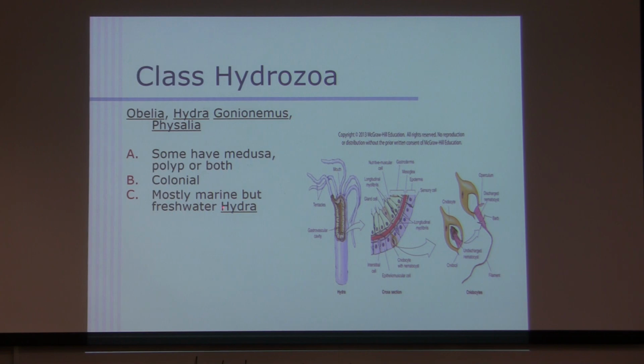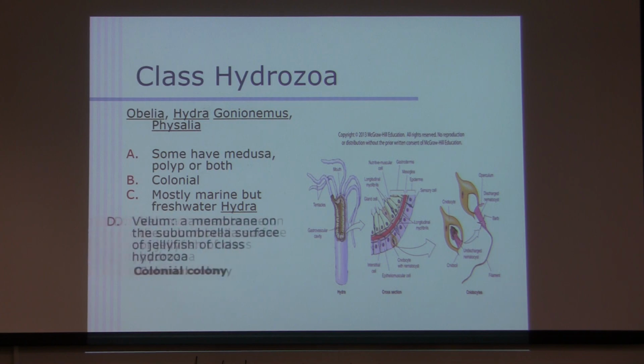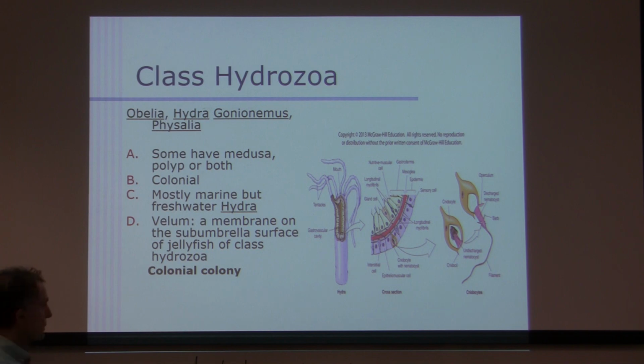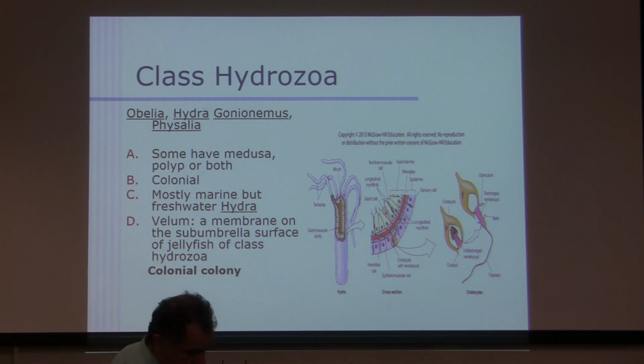So you have all of those 3 colonies in one organism. Mostly marine, but Hydra is freshwater. Most of the species in this class are marine, except Hydra. Velum is a membrane on the subumbrella surface of jellyfish of class Hydrozoa. So what am I saying? If this is a jellyfish, there is a membrane underneath of this.